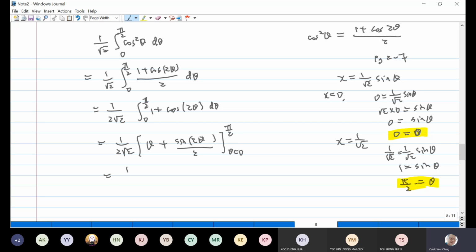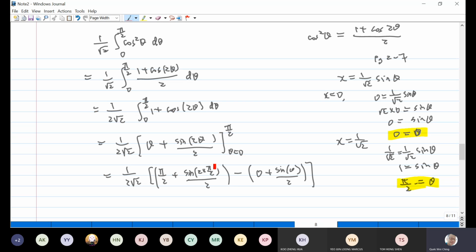So put in the answer. 2 times pi over 2, plus sine of 2 times pi over 2, minus 2 times 0 equals 0, sine of 0, okay, over 2. So you find that all these numbers are 0.